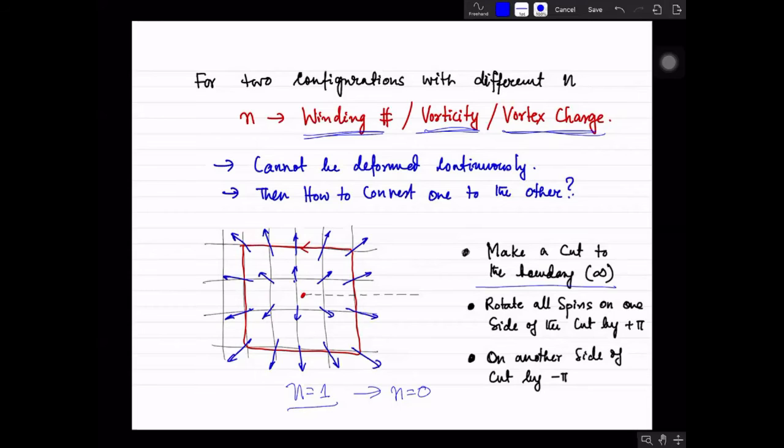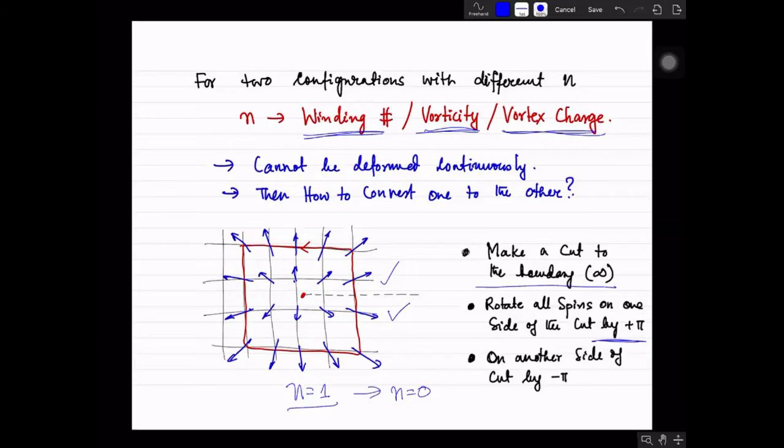What we have to do is rotate all the spins on one side of the cut in one direction, say by the amount pi roughly, because there is a 2 pi winding as I go around, and in the other direction by minus pi. Then I can do local deformations to make it n equal to 0.